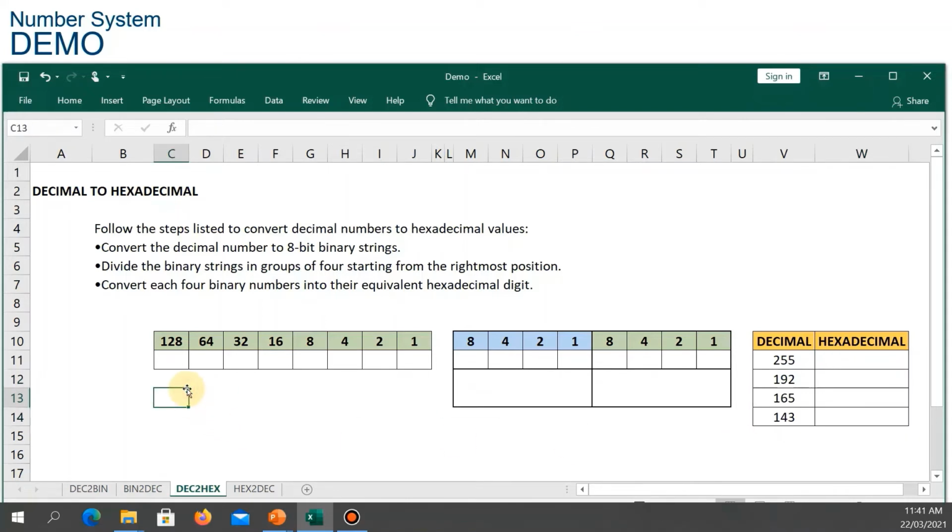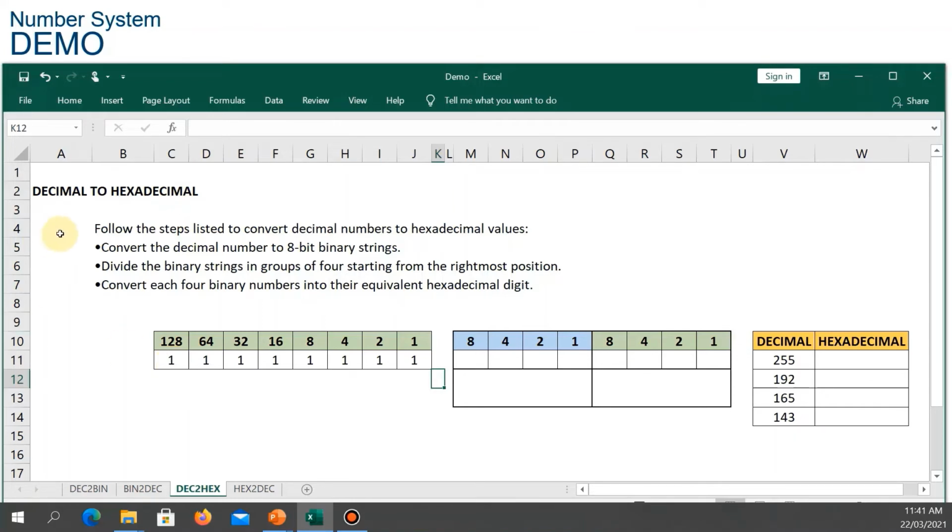For instance, we have 255. Let us convert it first into binary. If we set all of these 8 bits to 1, that equals 255: 128 plus 64, plus 32, plus 16, plus 8, plus 4, plus 2, plus 1, that's 255 in decimal.